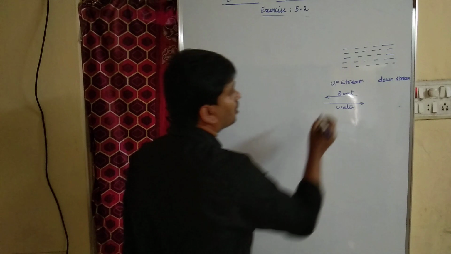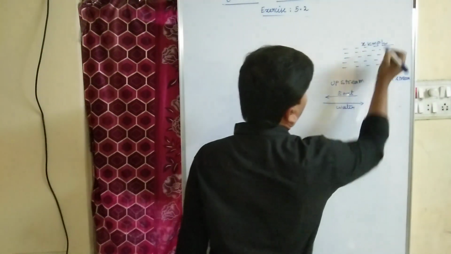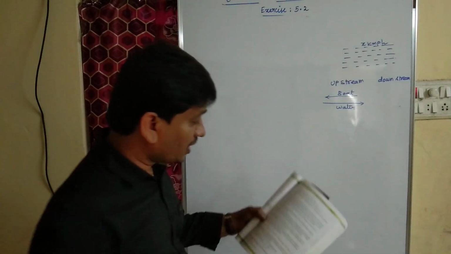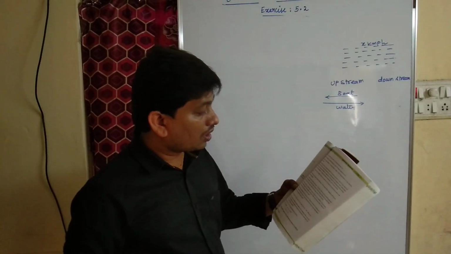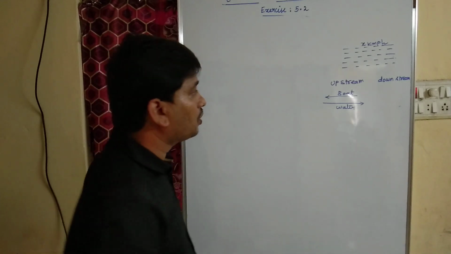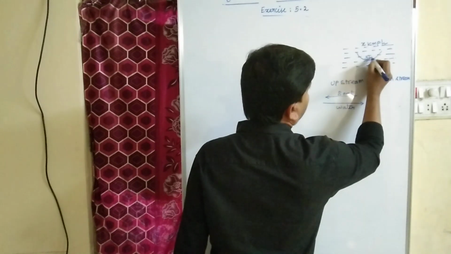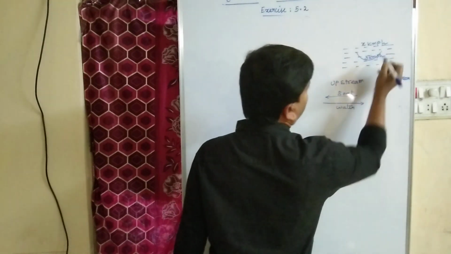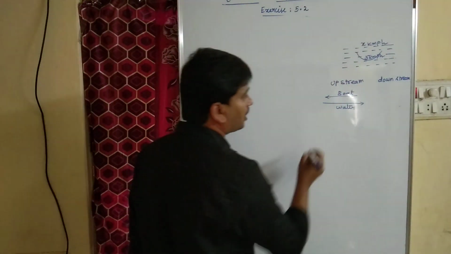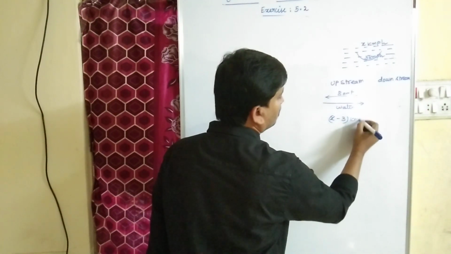Okay, suppose you consider that the speed of the stream is x km per hour, and here they said a river whose current is running at 3 km per hour. What is the speed of the boat? As we have the boat here, let the speed of the boat be 3 km per hour. Then in upstream, it will be x minus 3 kilometer per hour.